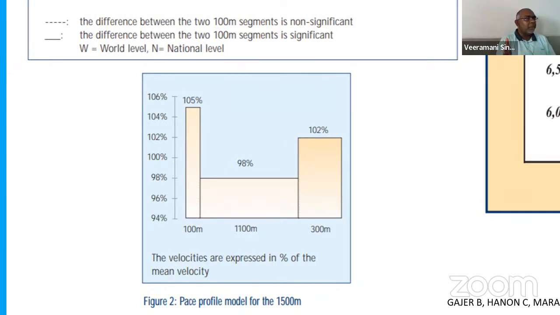And on average, they'll maintain around 98% of that performance pace, final goal pace, almost up to the last 300 meters. And of course, they start kicking in the last 300 meters. So this would be what I would call a very generalized speed or race performance cycle.